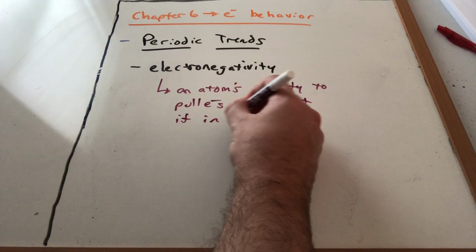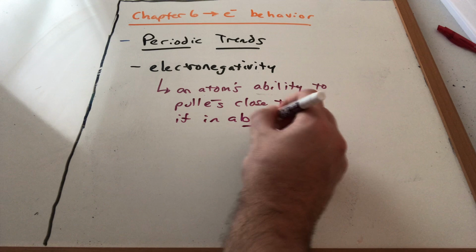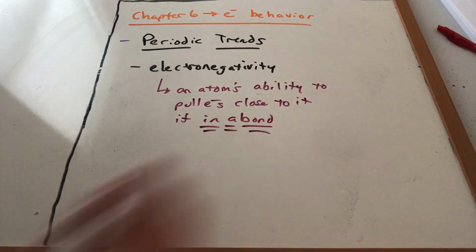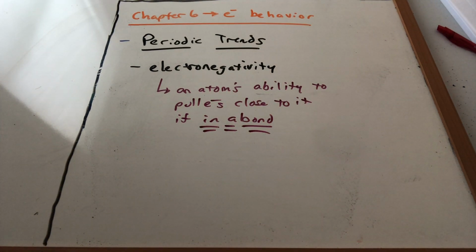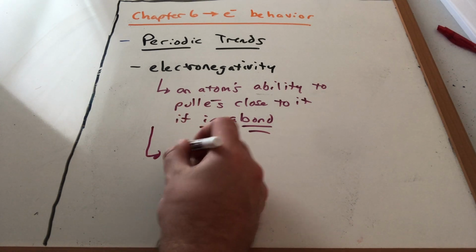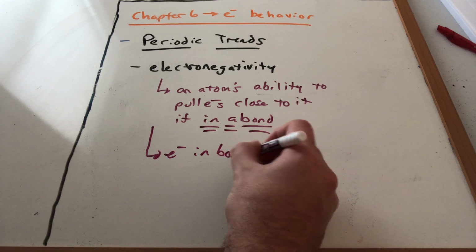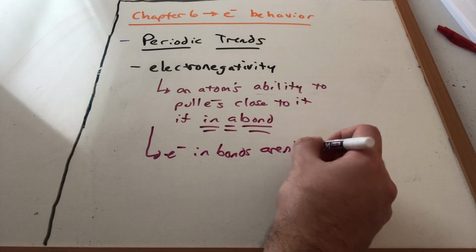if in a bond. So the reason this is going to be more relevant in the next section is we're going to talk about bonding, and we're going to draw pictures of bonding. And what we're going to need to realize is that when we draw shared electrons, right, electrons in bonds aren't shared equally.